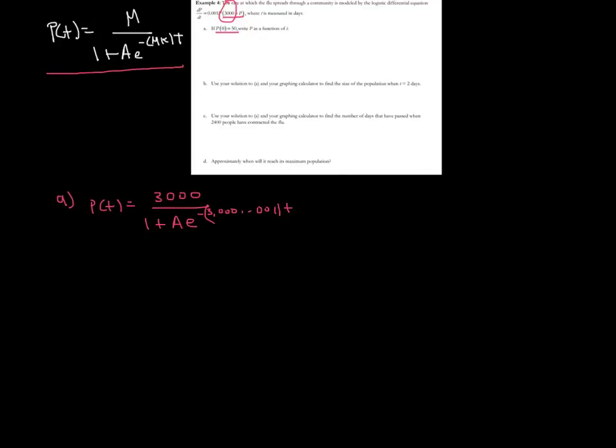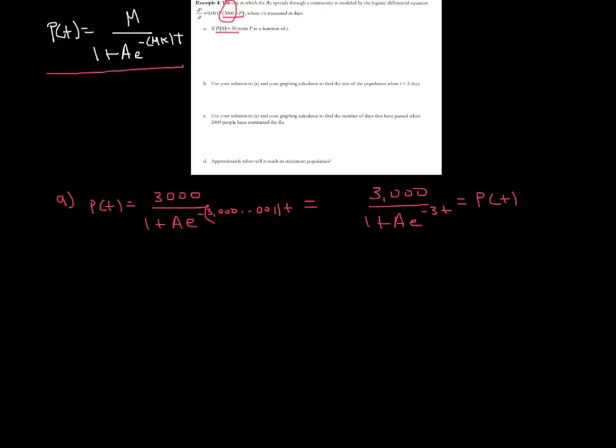So that's just going to be negative 3t again over there, so we'll just say 3,000 over 1 plus A e to the negative 3t, and that's equal to P of t.